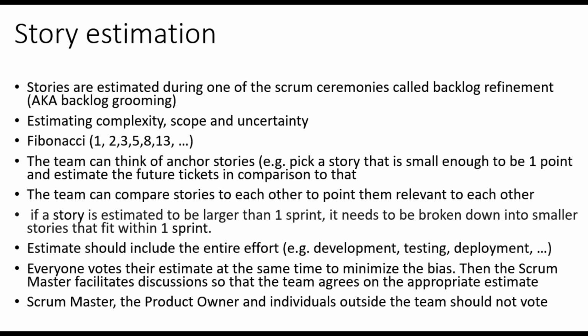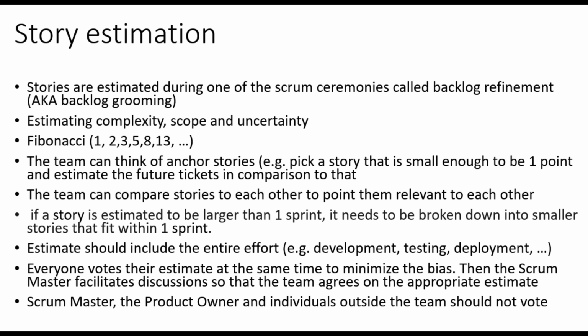There are different approaches to estimating within the Fibonacci sequence. For example, you can choose a small story as an anchor story and as a team decide that this is a 1-point story. Then, you can compare other stories in terms of scope, complexity, and uncertainty to your anchor story and point them. For example, a story similar to your anchor story in terms of complexity, uncertainty, and scope can be estimated as 1 point.